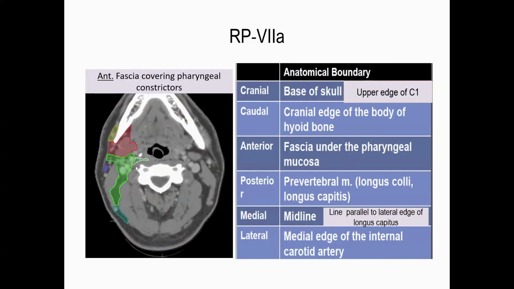The anterior limit is the fascia covering the pharyngeal constrictors. And medial, earlier it was midline, but now it is a line parallel to the lateral edge of the longus capitis muscle. It is very difficult to delineate that on the image.